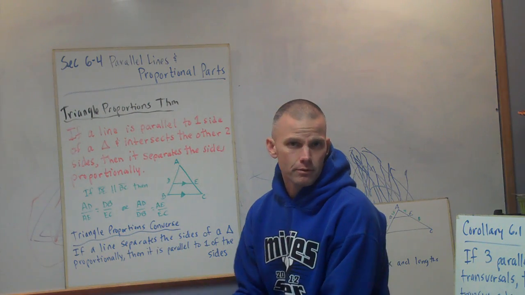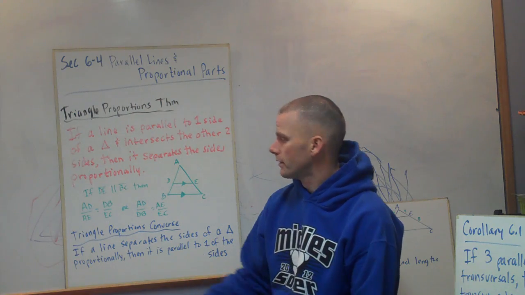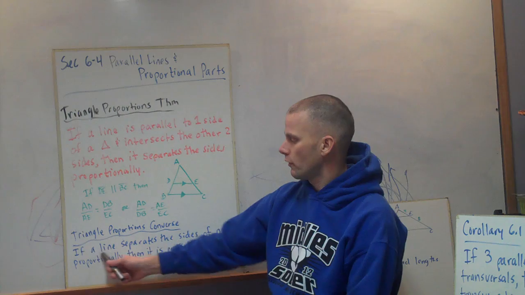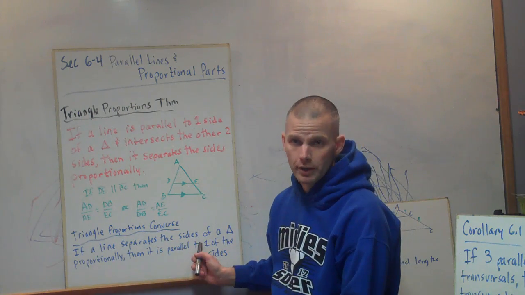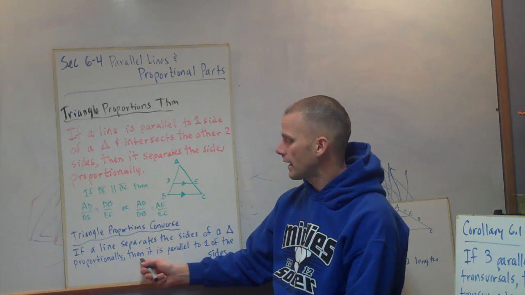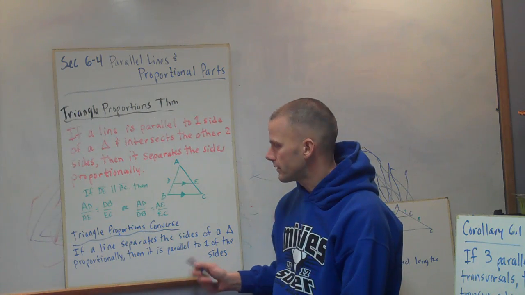The converse of that theorem is also true. So basically, the converse says, if you have a line that separates the sides proportionally, then that segment or line is parallel to one of the sides.